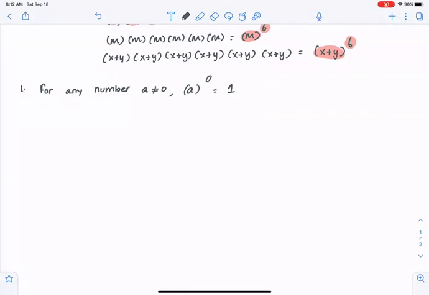So if you take a number and raise it to the power of 0, you would end up getting 1.